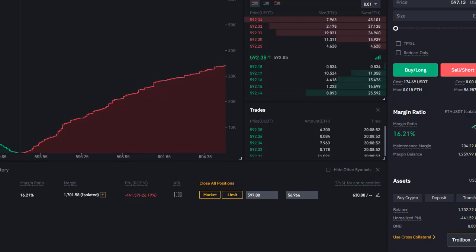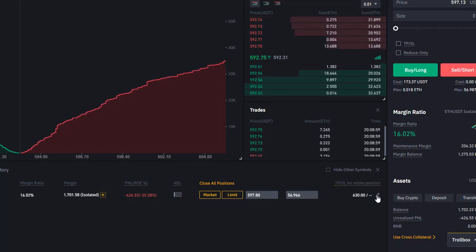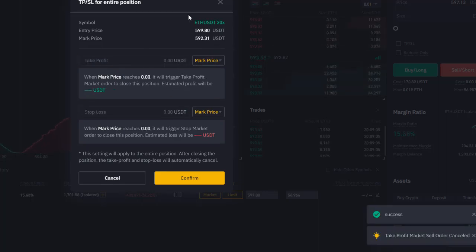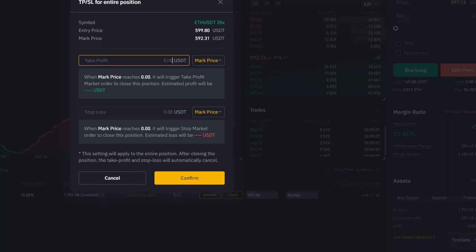Another thing you can do is set a profit and loss position. So if you see here in the corner, if you press this, you can then set your take profit and your stop loss. So at the moment, I can set my take profit at 630 US dollars. As soon as Ethereum hits 630 US dollars, it will sell automatically, and I take a profit of 1,700 US dollars.